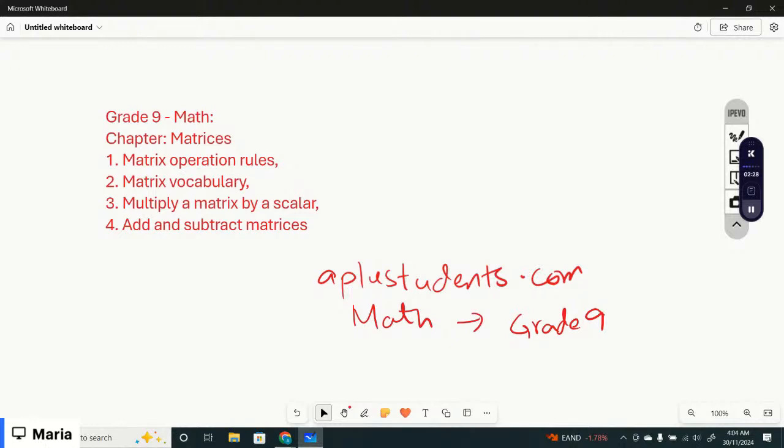There you can find the list of the chapters.